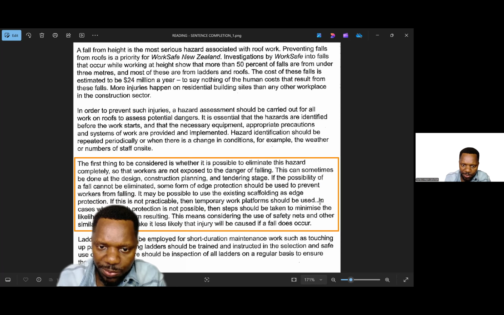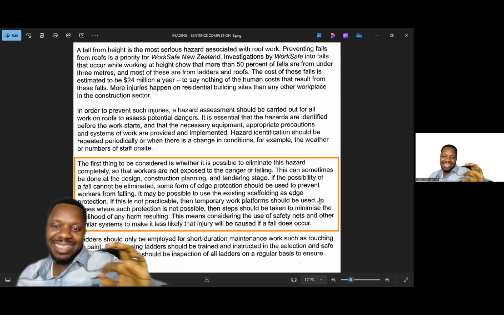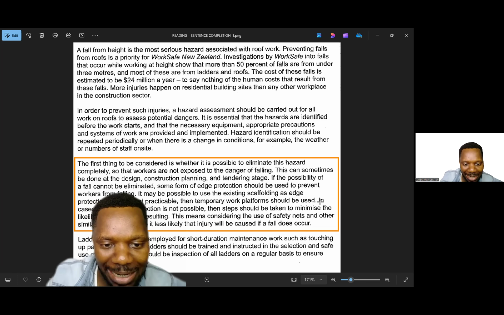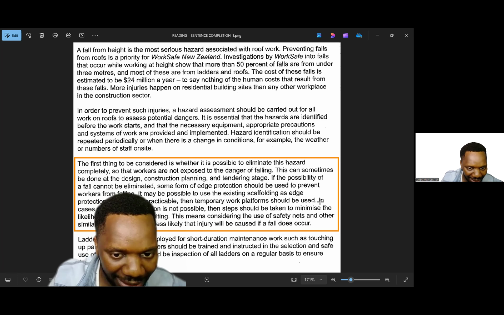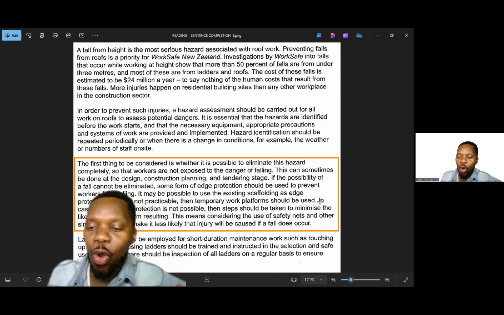In cases where such protection is not possible, then steps should be taken to minimize the likelihood of any harm resulting. Minimize, reduce, paraphrases what you're experiencing in reading. This means considering the use of safety nets and other similar systems to make it less likely that injury will be caused if a fall occurs.